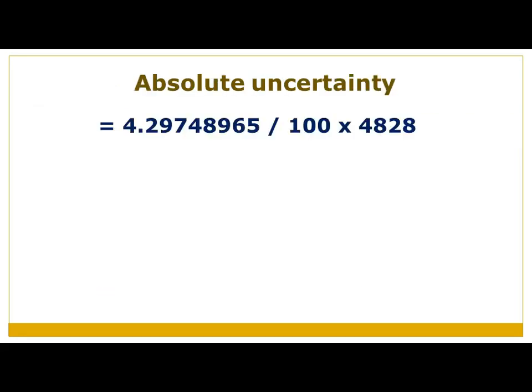Now, if you are going to get its absolute uncertainty using the original relative uncertainty, which is not yet rounded, your absolute uncertainty will be 4.29748965% divided by 100 times 4,828.